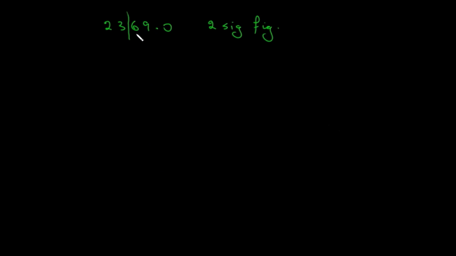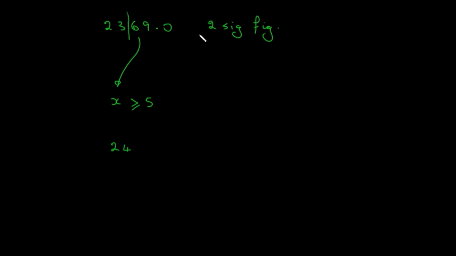Now we round this. If the value you're looking at is greater than or equal to 5, 6 is greater than or equal to 5, we round that up. So it becomes 24.